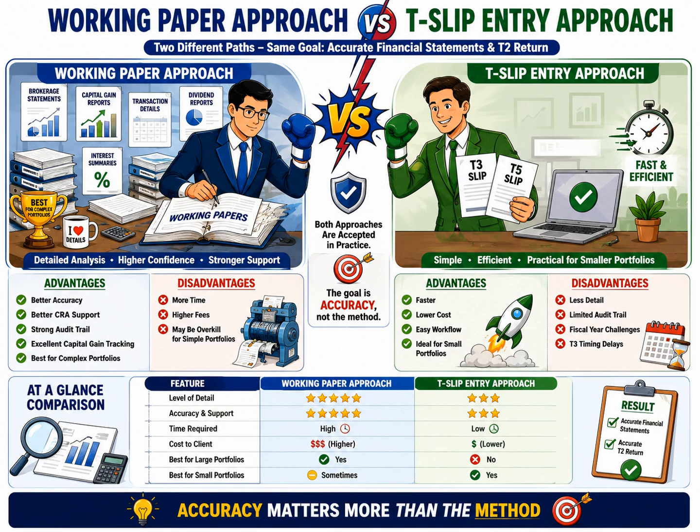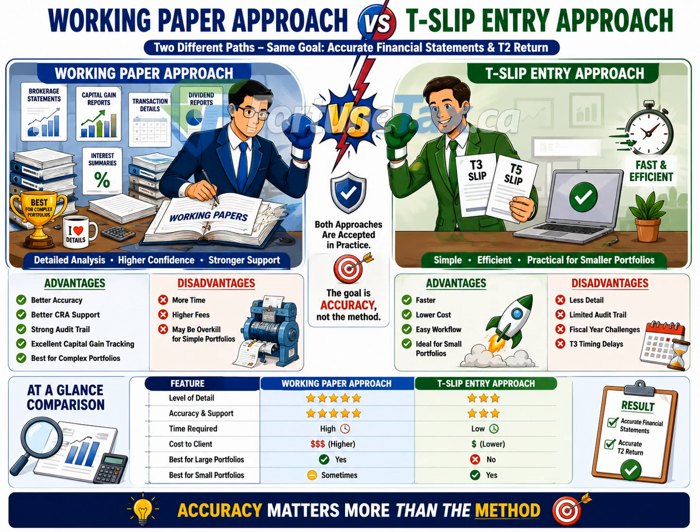This method begins with a detailed analysis of investment activity. The accountant reviews brokerage statements, realized gain reports, dividend reports, transaction summaries, and interest reports. From this information, detailed working papers are prepared before any journal entries are recorded. One of the biggest advantages of this approach is accuracy.